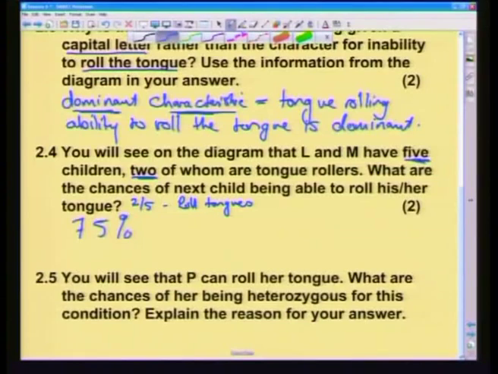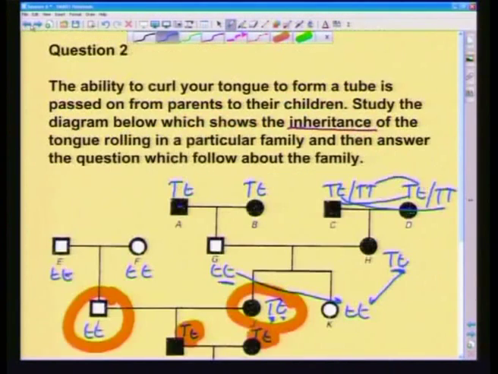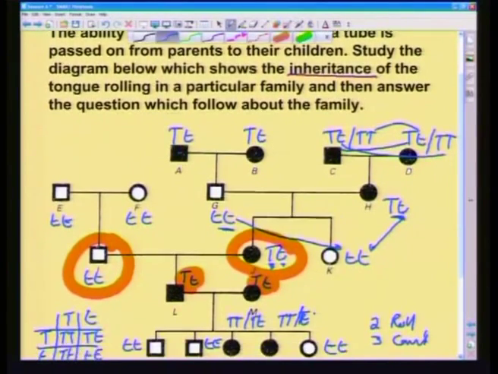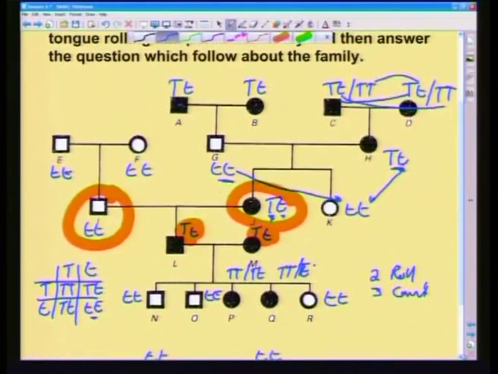All right, now, you will see that P can roll her tongue. What are the chances of her being heterozygous for this condition? Explain your answer. So we're now looking at P, who is able to roll her tongue. So what are the chances that she's heterozygous? It will be 50%.